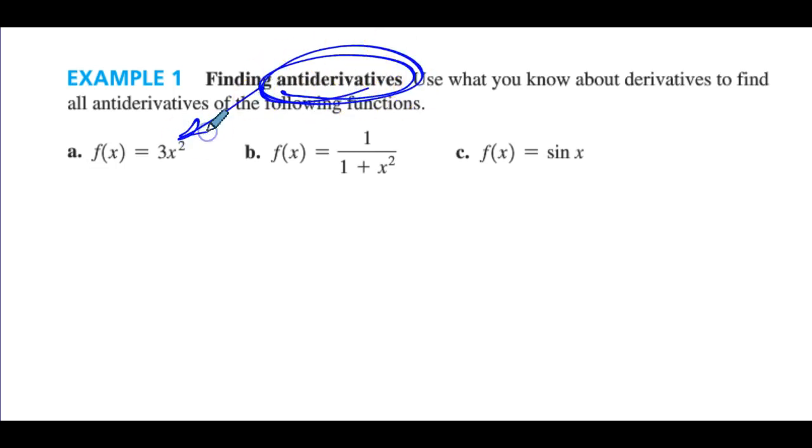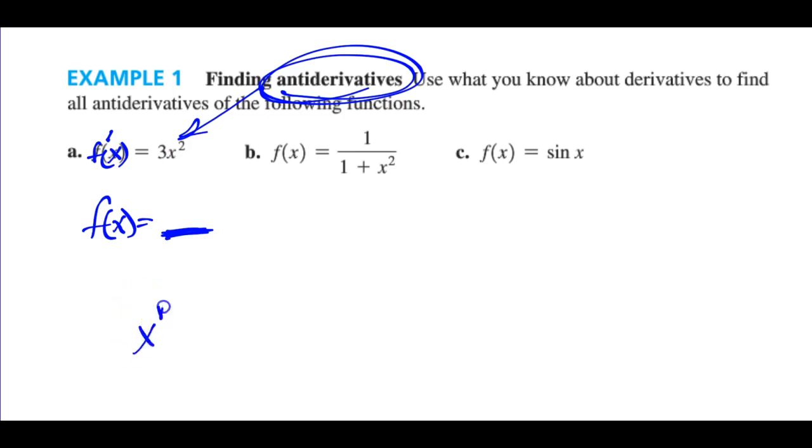In other words, they've already taken the derivative of this thing. This is the derivative. So you have to think about what they had initially to get to this. Let's think about the definition of the derivative in general form.